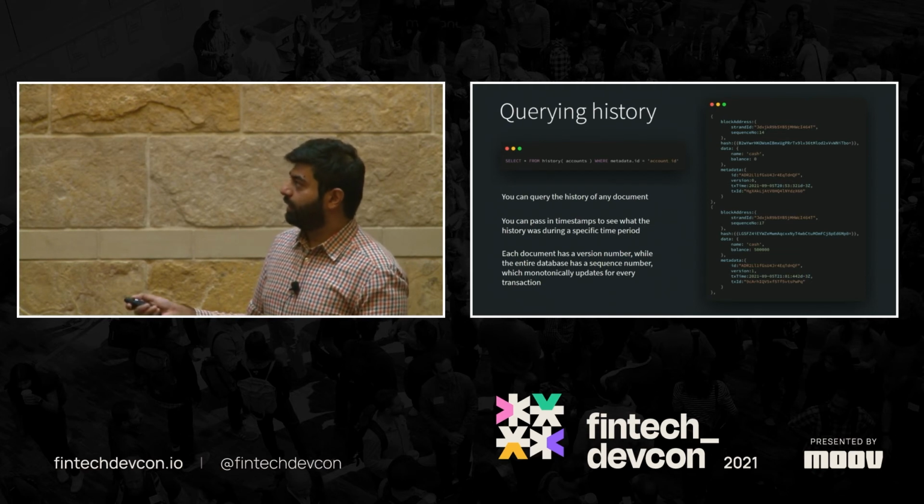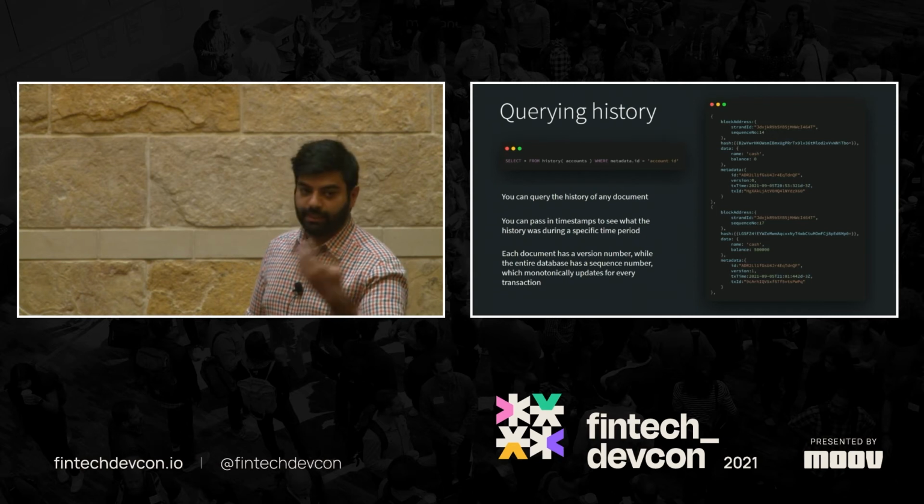This is what it looks like, where this data is what would be in the normal table, but it also has a bunch of metadata in there. Some interesting things are, every document has a version number that gets updated every time you touch it. That's built in, which is nice.